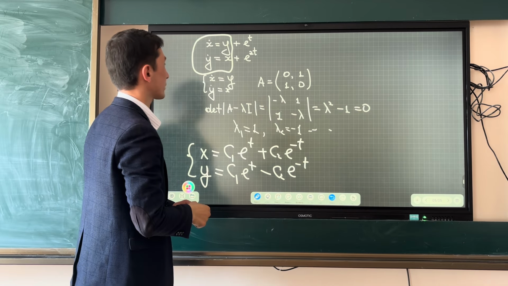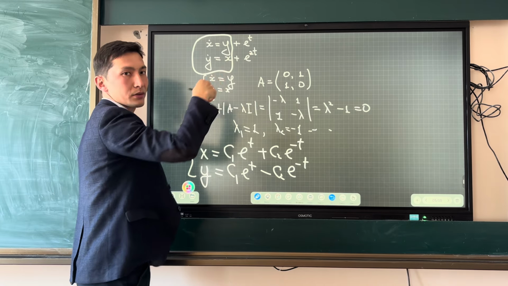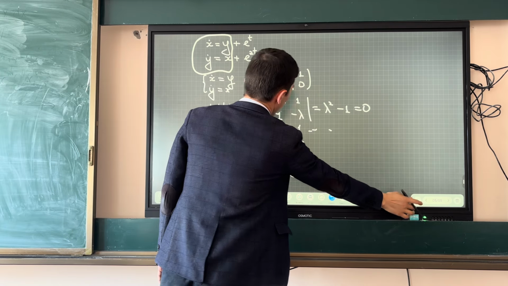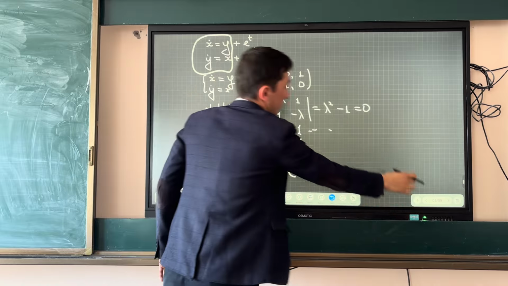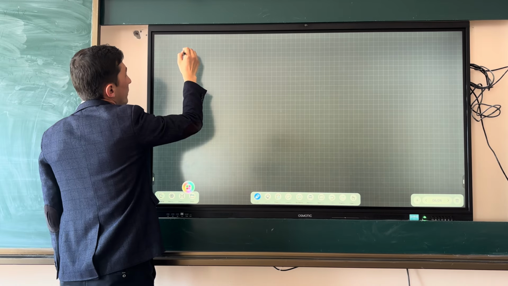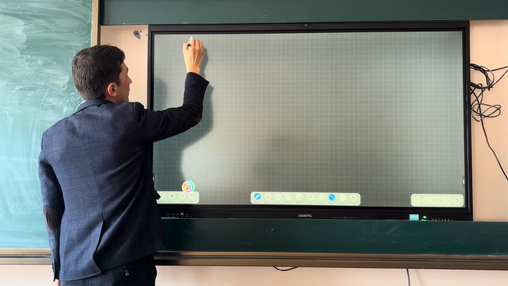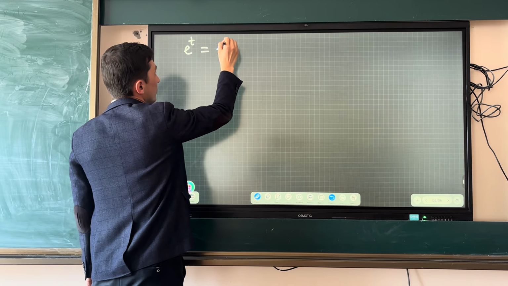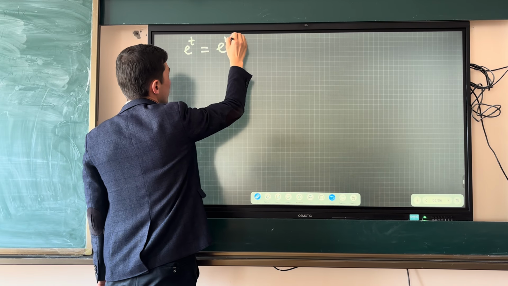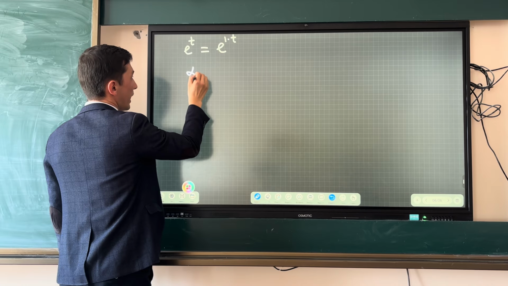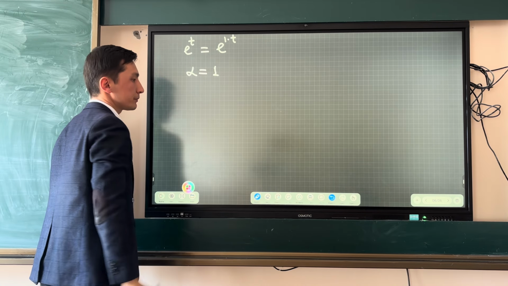And we have to consider the second part, which is f of t. e to the power of t is equal to e to the power of 1 t, and here we can find alpha equals 1.